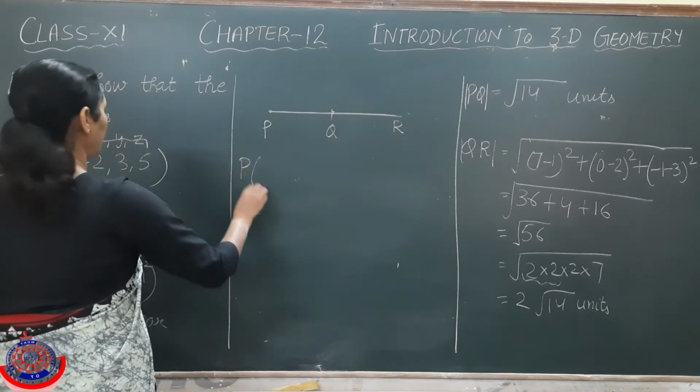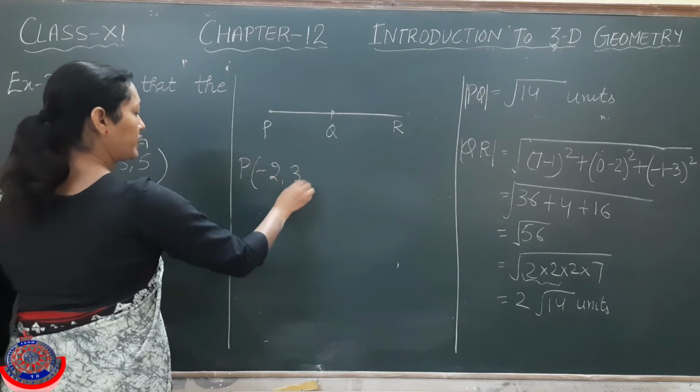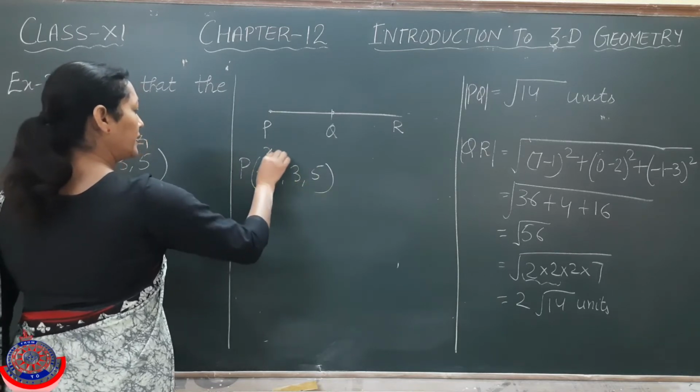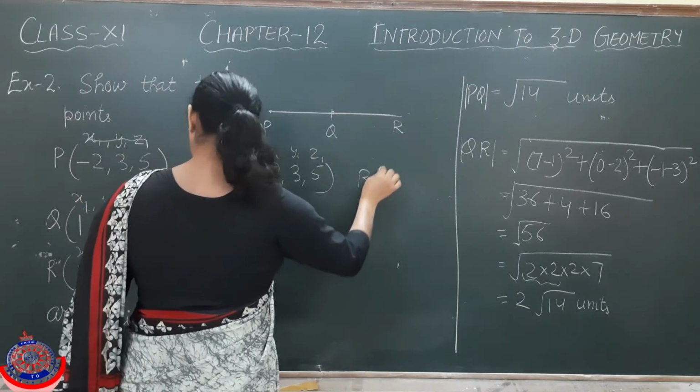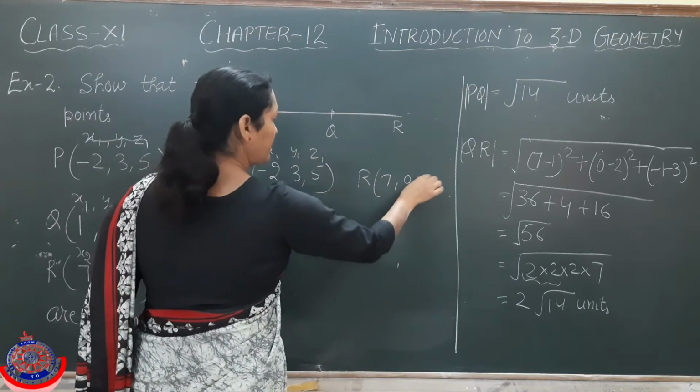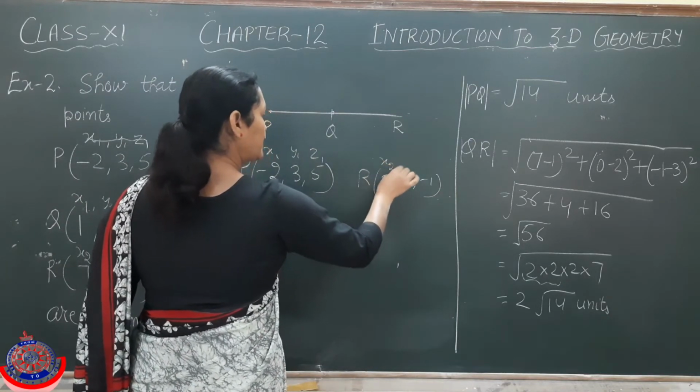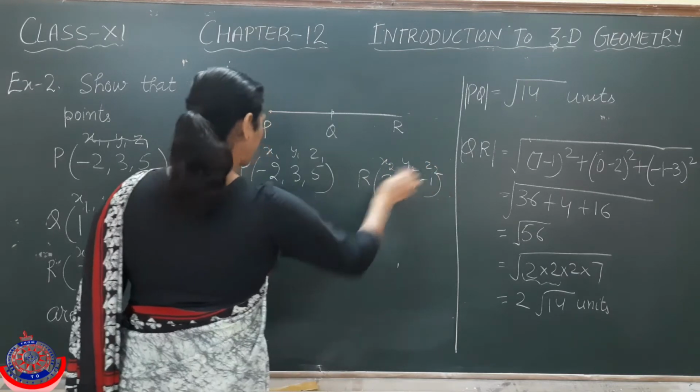P is minus 2, 3, 5, x1, y1, z1 and R is 7, 0, minus 1, x2, y2 and z2.